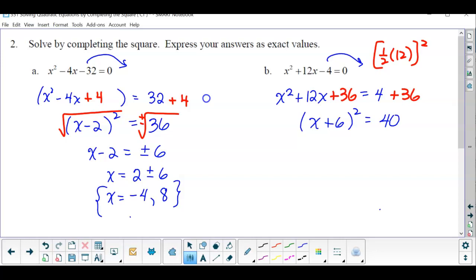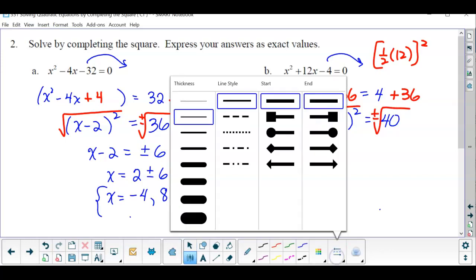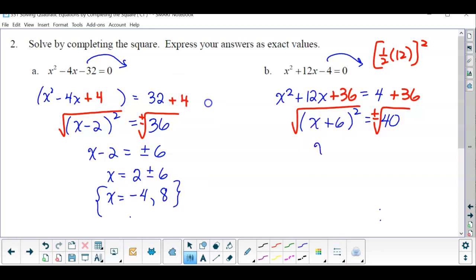Take the square root. Simplify the radical. And that simplifies to 2 root 10.